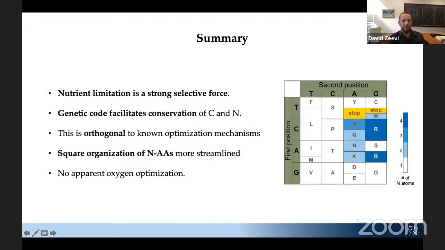So to summarize this work, I showed you that nutrient limitation is a strong selective force in the ocean and probably in other environments as well.